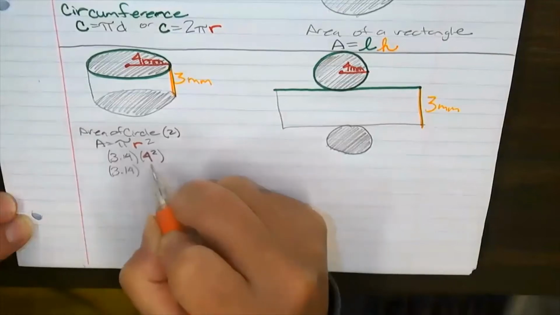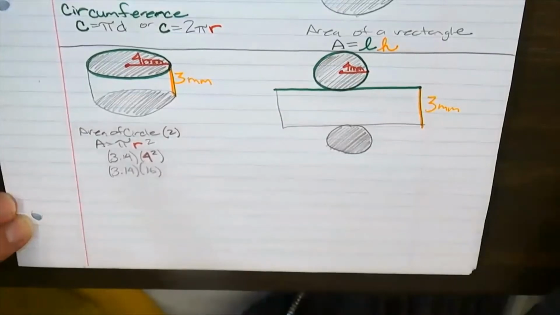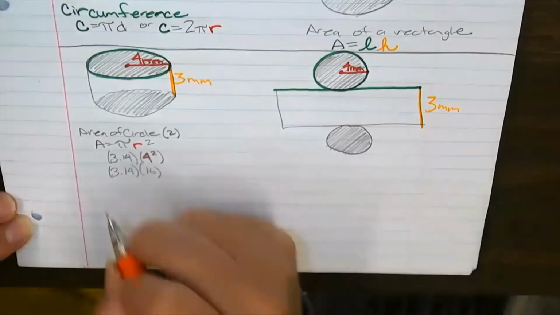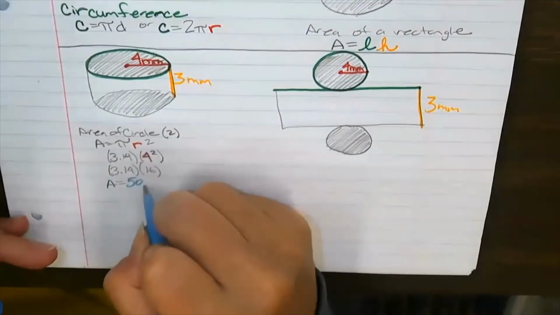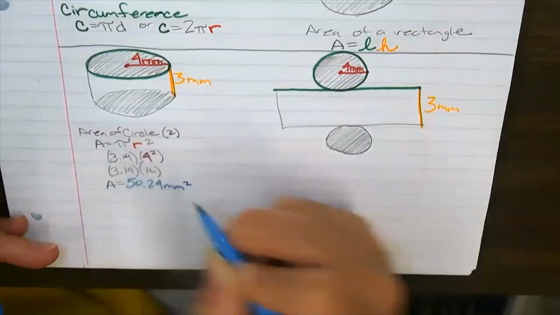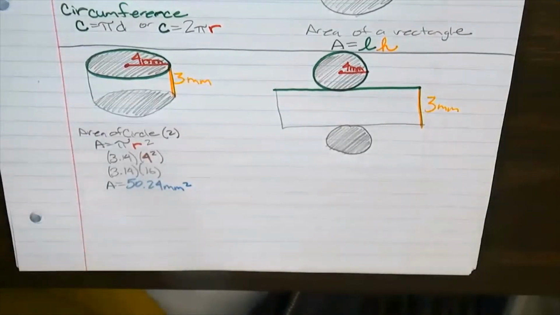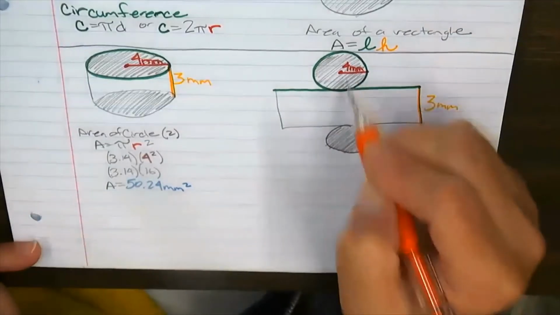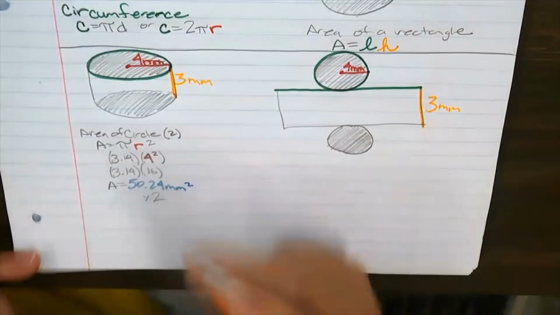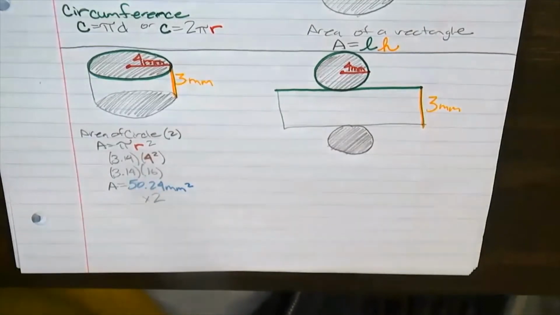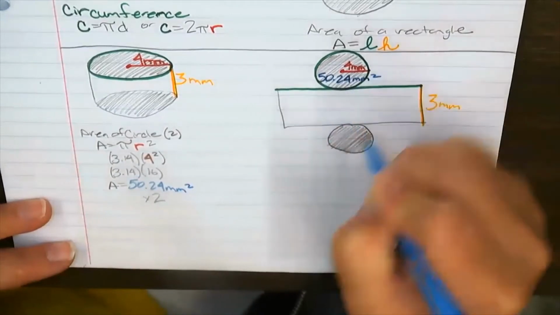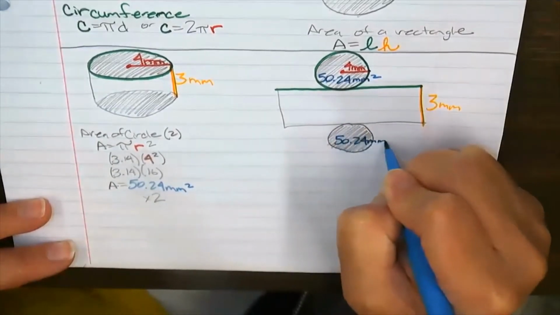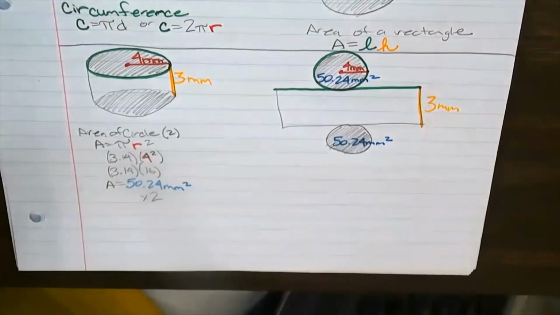So 3.14, 4 times 4 is 16. And I'm going to use my handy dandy calculator. 3.14 times 16. The area is equal to 50.24 millimeters squared. But remember, we have 2 of these circles, 1, 2. So it's times 2. Now, I personally like to mark it in here so that I can see what I've done and what I need to do.